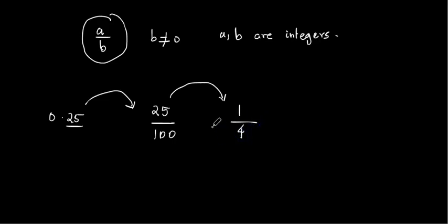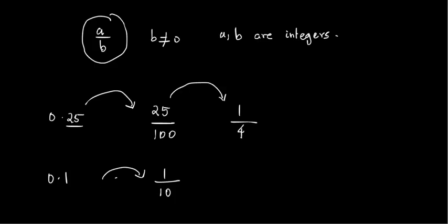So the simplified version of this is 1/4. Same way, 0.1 can be converted as 1 over 10 because you have only one decimal place there, and for 1 over 10 the simplification is not possible. So every terminating decimal can be converted into a rational number, into fraction form. Terminating decimals and recurring decimals both come under rational numbers.